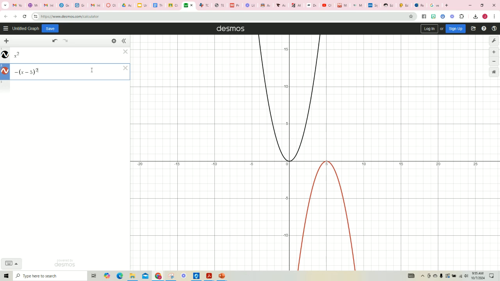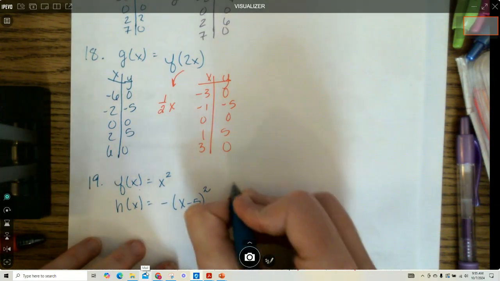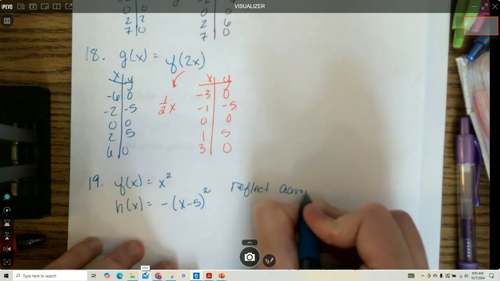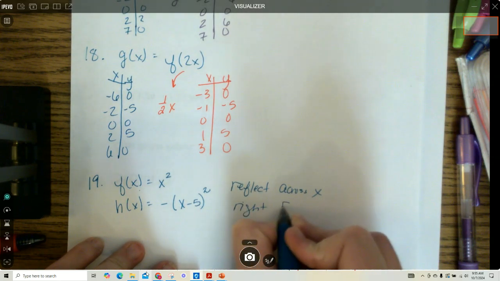The minus 5 in parentheses says it's going right 5. Black is the original, red is the new one. So reflect across x and then right 5.